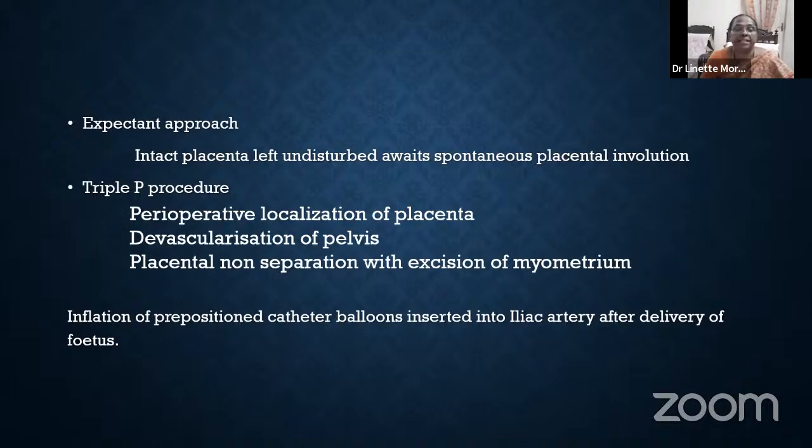Now, devascularization of the pelvis is carried out after the fetus is delivered. That is, a pre-positioned catheter balloon is inserted into the iliac artery, and this catheter is inflated, with the hope that the blood supply to the uterus will be decreased or terminated.